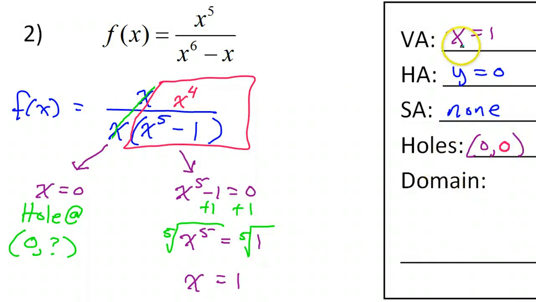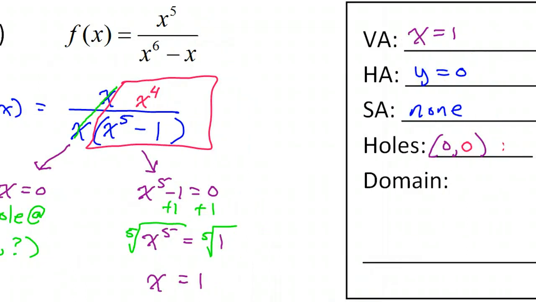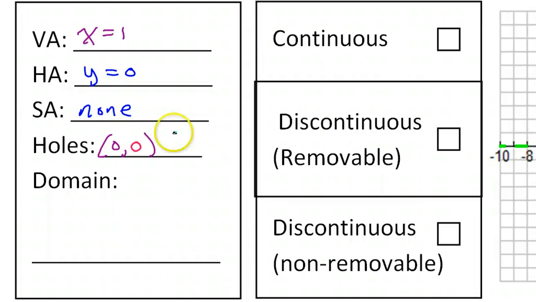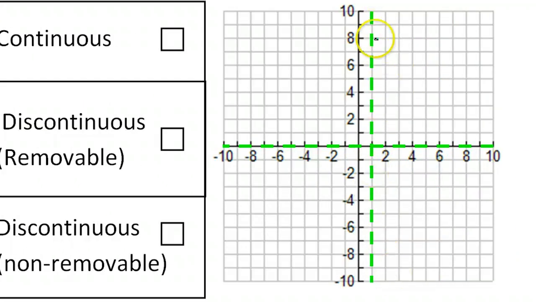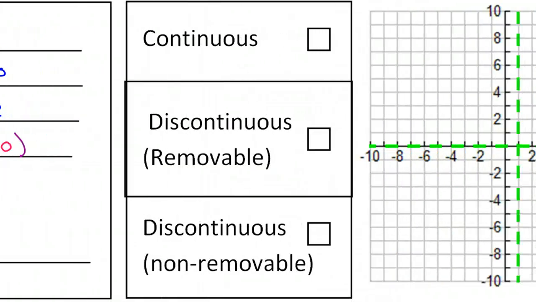So if we go ahead and graph the asymptotes and the hole, I have a vertical asymptote at 1 and a horizontal asymptote at 0. That's going to look like this: vertical asymptote at 1, horizontal asymptote at 0. Now we have a hole at 0 comma 0.